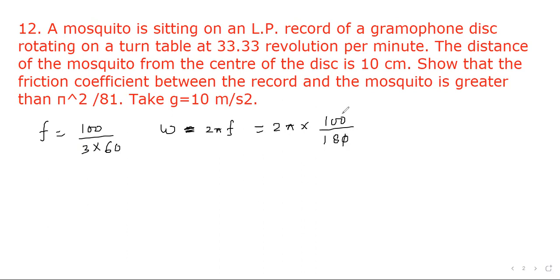So 0 will cancel out, and from here this will cancel it 9 times. So 10 pi divided by 9 radian per second.